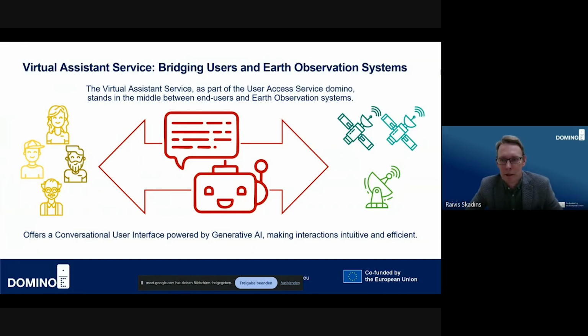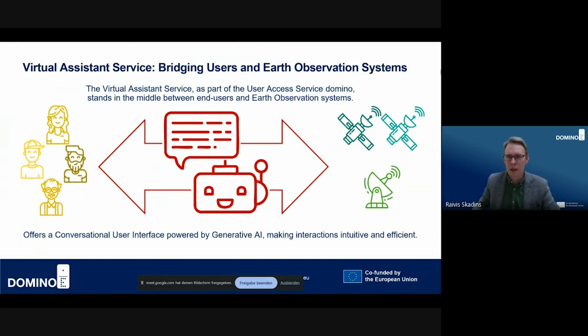So how we see how the virtual assistant fits in this big picture. From one side, there are end users who really want to get some pictures from space, want to see what's going on here on Earth.